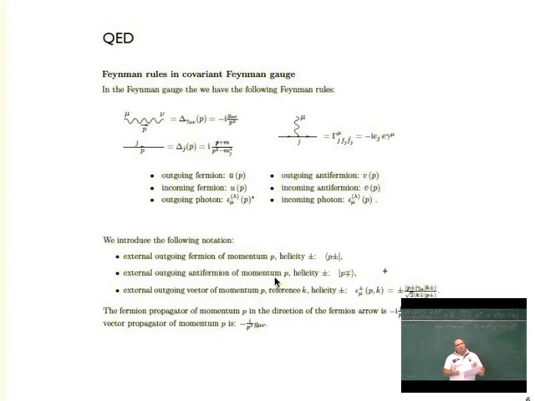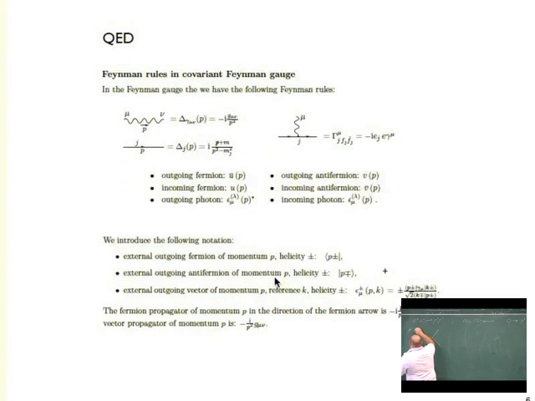Using all outgoing or all ingoing particles helps us with the definition of spinors, but all the other processes can be obtained by crossing, so it's not a problem. The Feynman diagram for this process is exactly the one that we saw before.